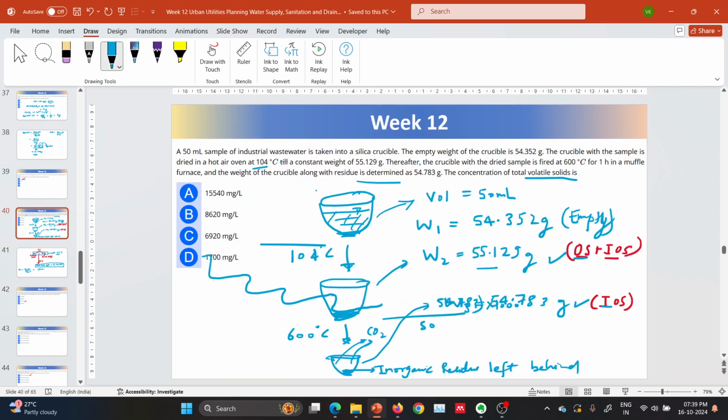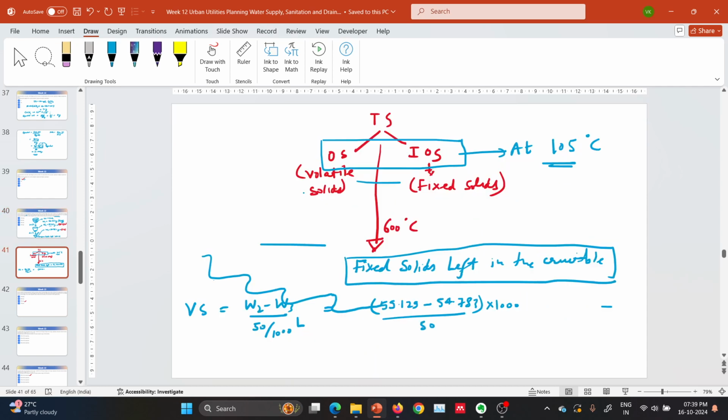So 55.129 minus 54.783 into 1000, into 1000 milligram per liter.